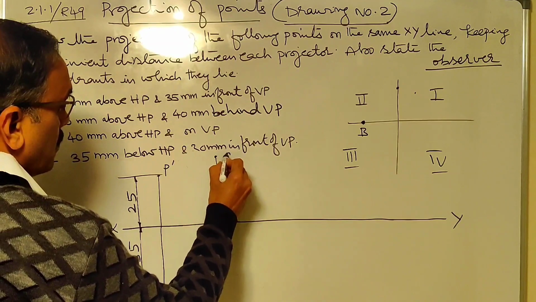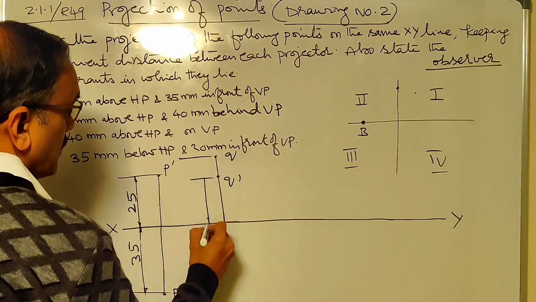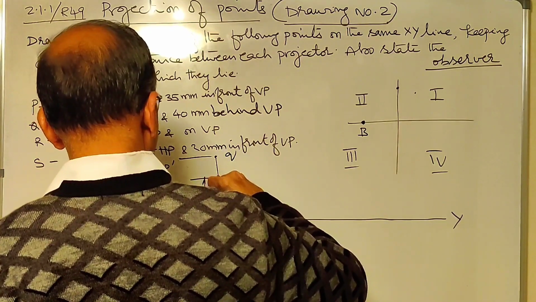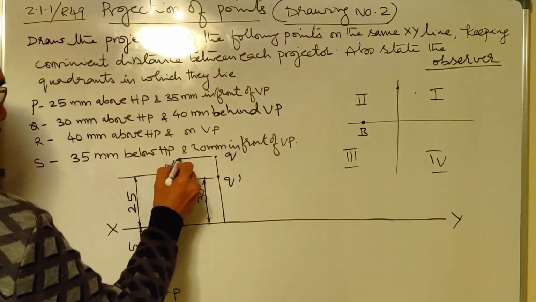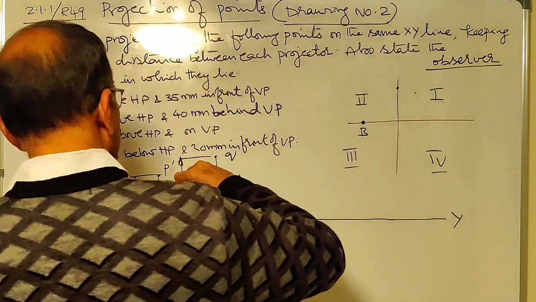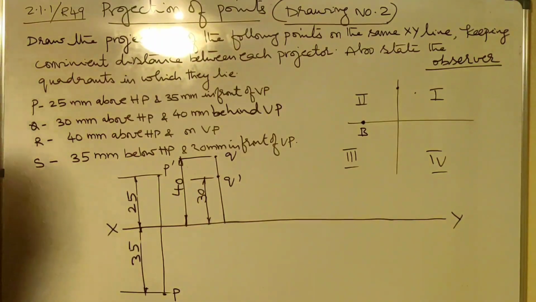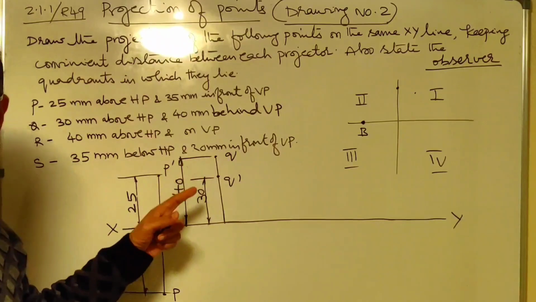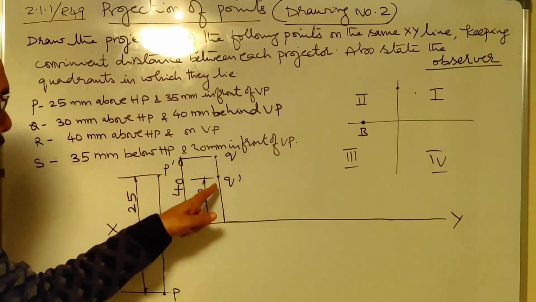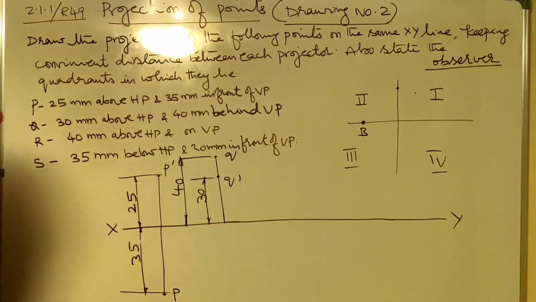Q dash and Q. This is 30 mm above HP and this is 40 mm behind VP. As soon as they lie on the same side of XY, you know that it is in the second quadrant. Okay, point Q is above HP and it is behind VP. So this is the second quadrant.